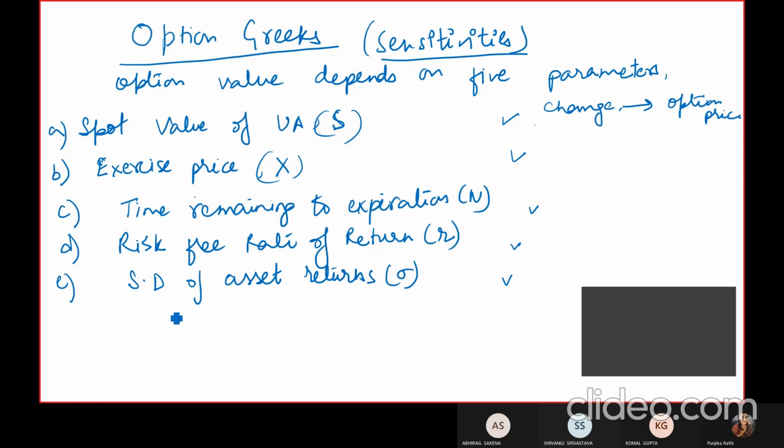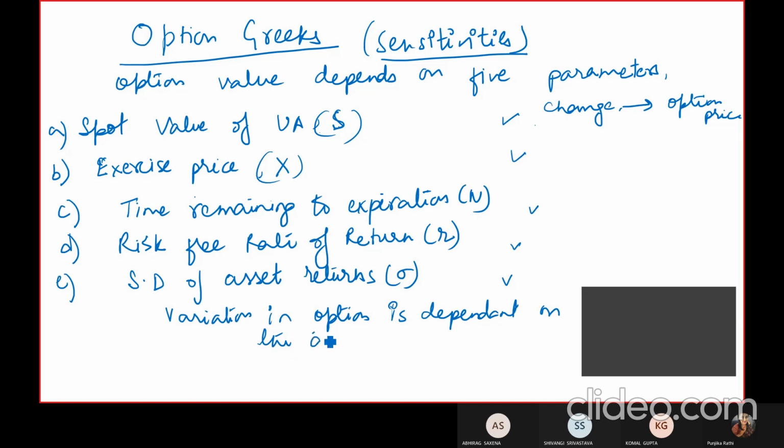So we are saying that variation in the option value with respect to determinants, variation in option value is dependent on the factors affecting it, है ना.